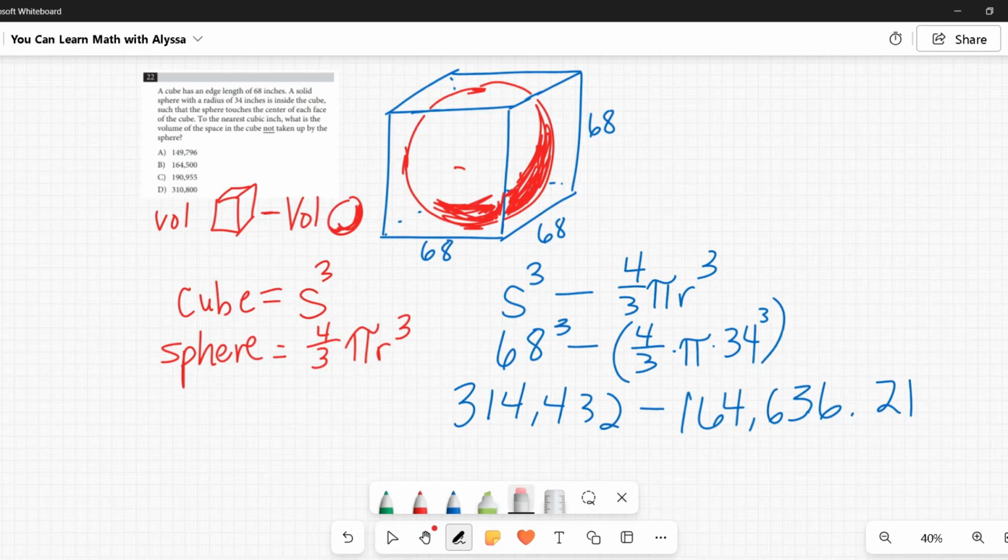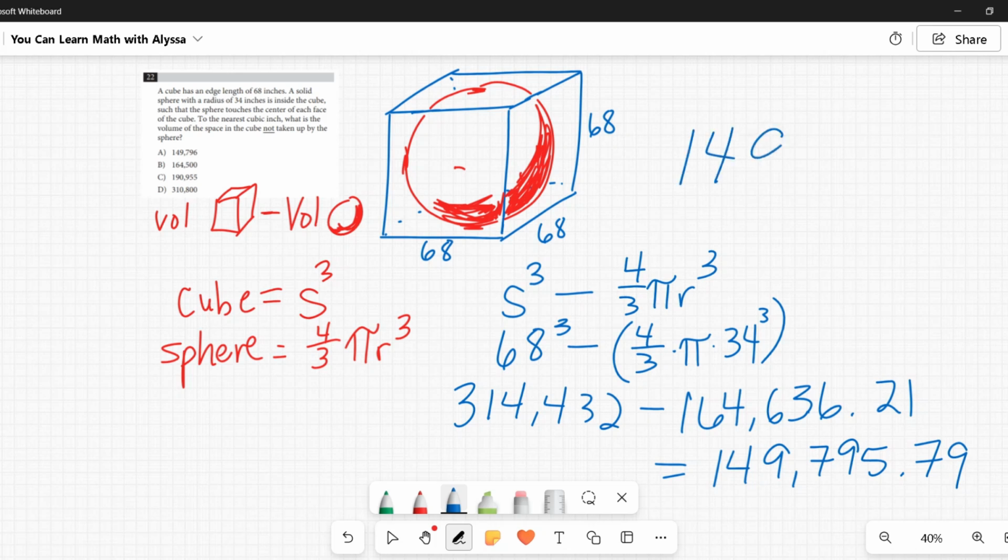Okay, when we subtract these, we are going to get our answer, and that is 149,795.79. Round that to the nearest inch, and it becomes 149,796. And there is our answer.